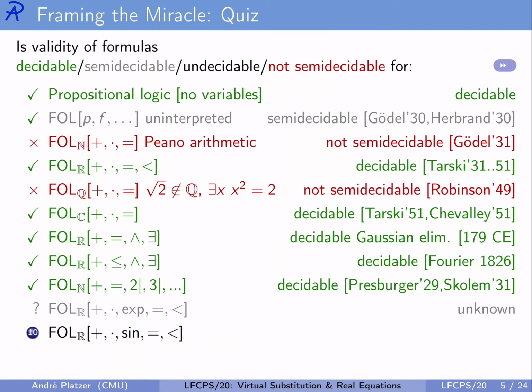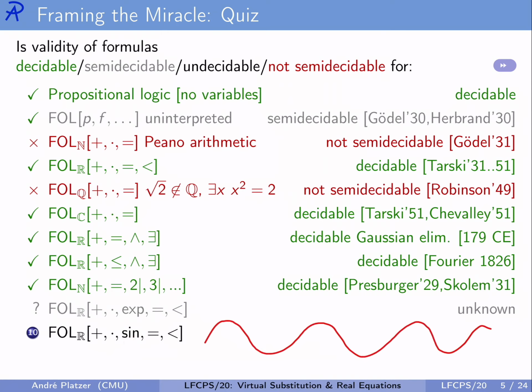If instead we throw in the trigonometric sine function and add it into the real arithmetic, well, in that case, even though you're starting with real arithmetic, addition, multiplication, and arithmetic comparisons, and of course, and or, the fact that you admitted the sine function means you also admitted the question of whether the sine function has a root. Look at this picture.